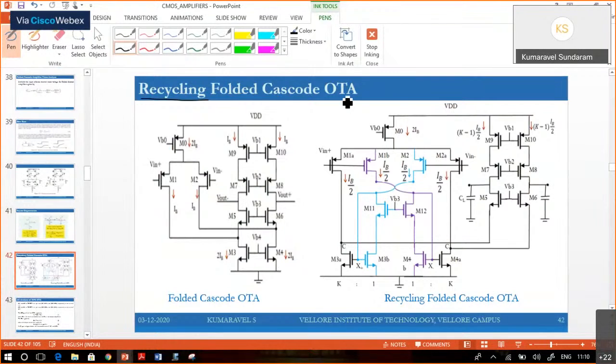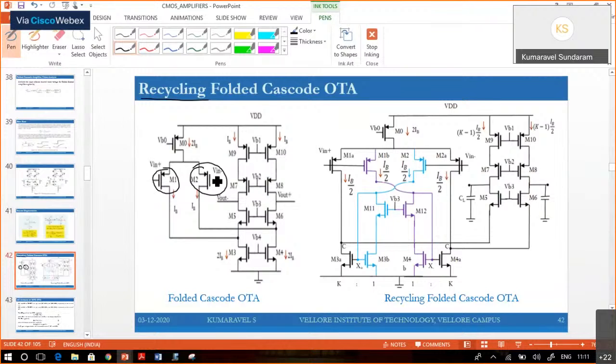Recycling folded cascode. As I discussed here, this is a PMOS type folded cascode structure. We need to improve the transconductance.